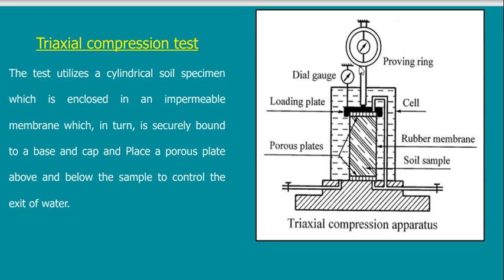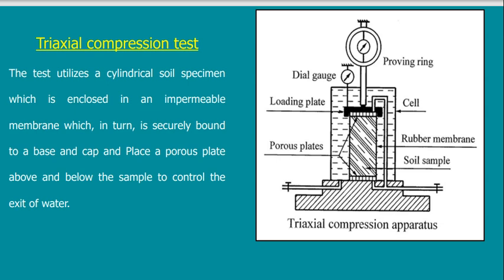Sigma 3, we said in the previous lecture, is the stress that is confining the sample all around. Sigma 1 is the very high stress that is exerted on top of my sample. So here is sigma 1, and sigma 1, by the way, is the stress that causes failure.